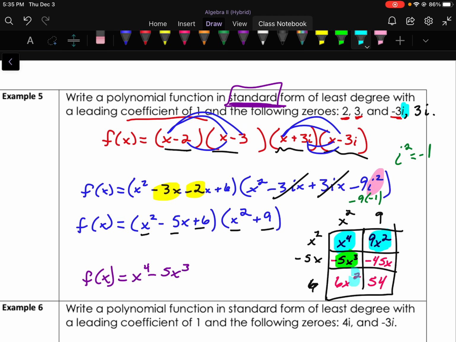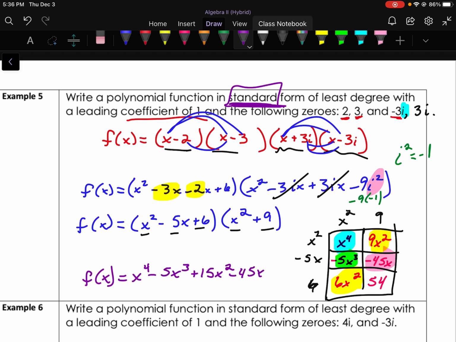I have a 9x squared and a 6x squared, so I'm going to go ahead and combine those. So 9x squared plus 6x squared would be plus 15x squared. I have a minus 45x. And then plus 54. And then that's it. Your answer is in standard form.